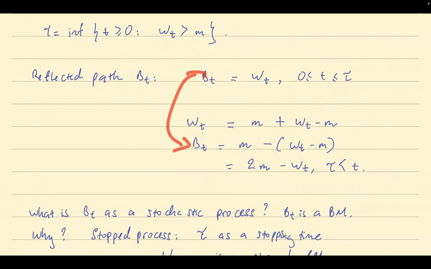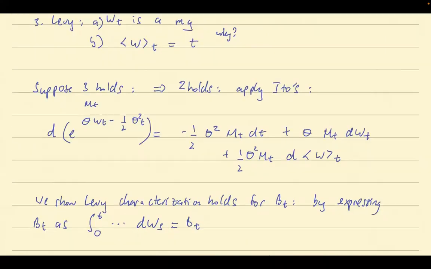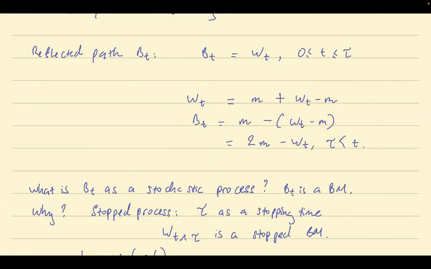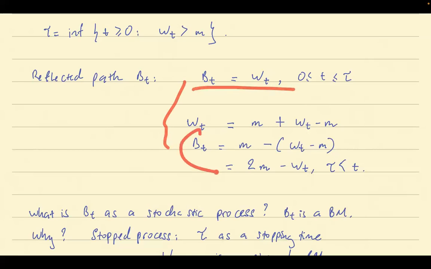Does anyone see how that could work? BT seems like a piecewise definition, which it is, but somehow you want to pull it into one single integral.